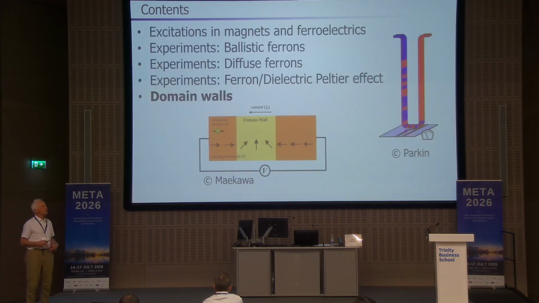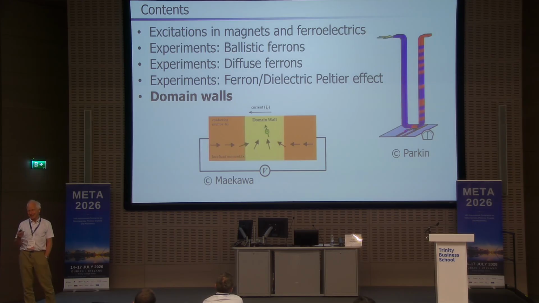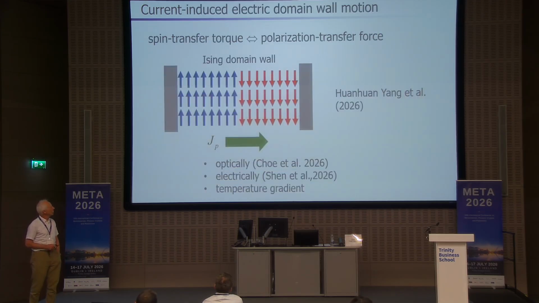Now, one direction we are thinking about is maybe we have domain walls which are operative here. Domain walls are, of course, well studied in magnets and also used in devices such as the racetrack memory. Juan here then asks the question, okay, can we do similar things?